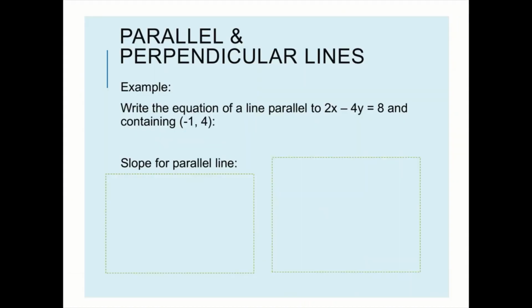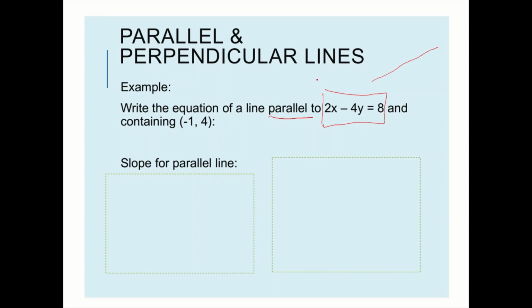Let's take a look at the example here. Write the equation of a line parallel to 2x minus 4y equals 8 and containing the point (-1, 4). So now, we already have one line here, which is 2x minus 4y equals 8. You can imagine we already have one line.